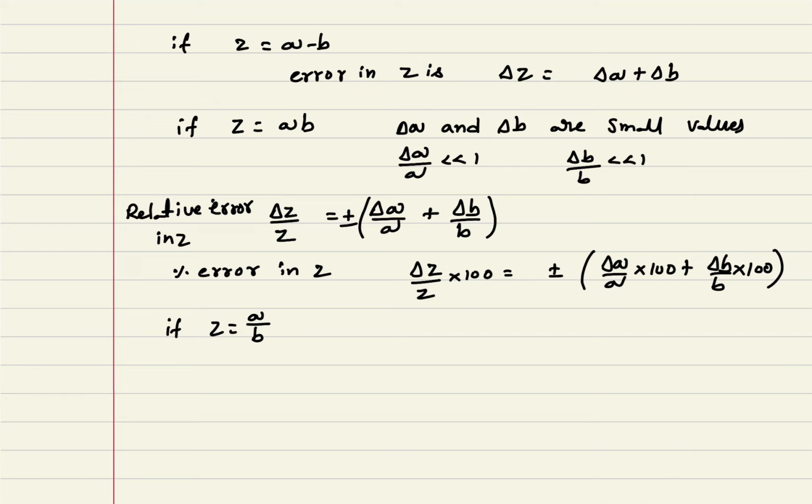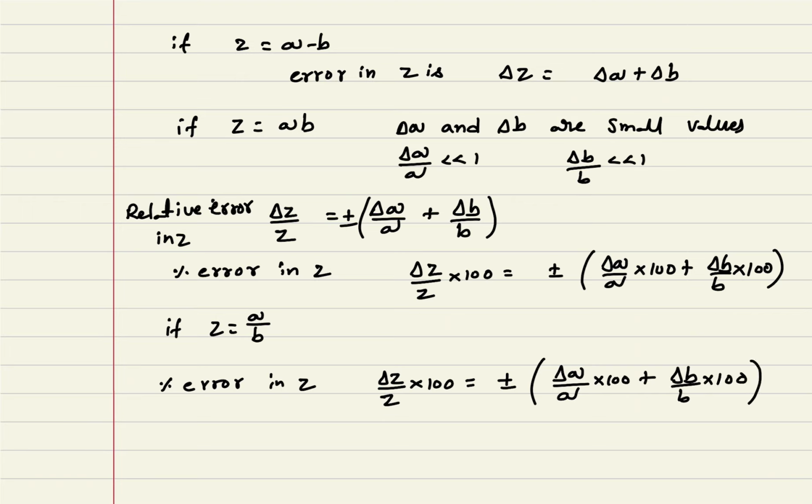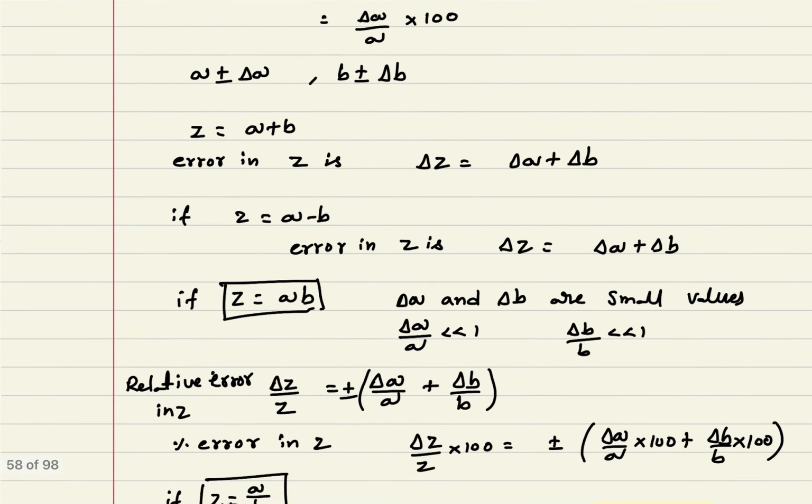Similarly, if Z is equal to A by B, then the percentage error in Z, delta Z by Z into 100, is equal to plus or minus the percentage error in A plus the percentage error in B. Here we can see that whether it is A by B or A into B, we have to add the relative errors.